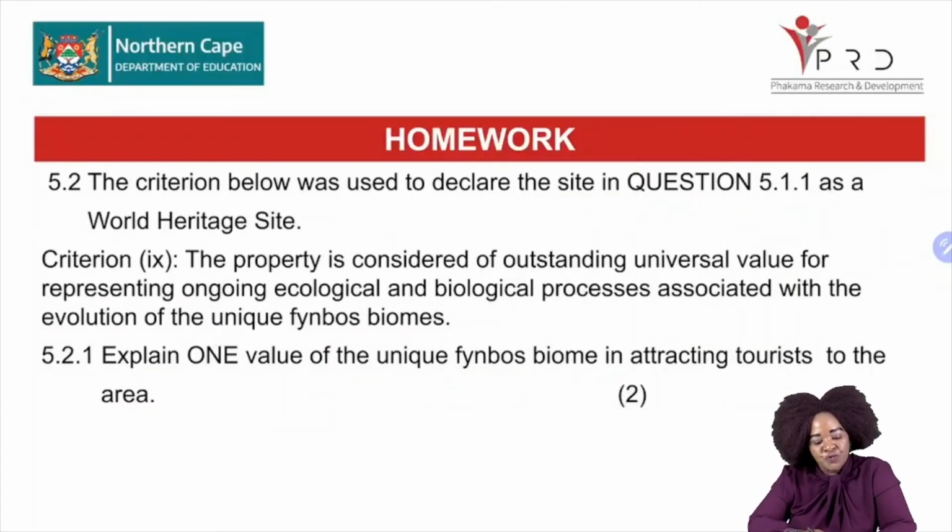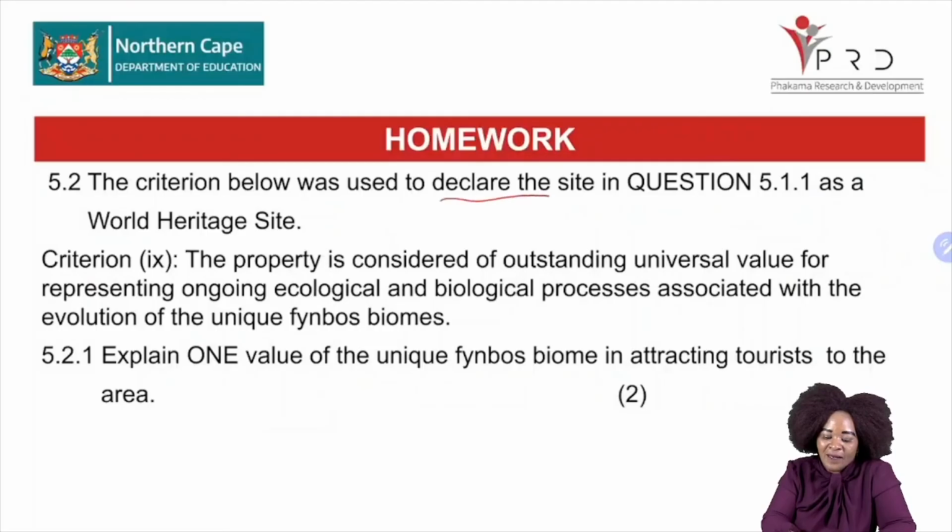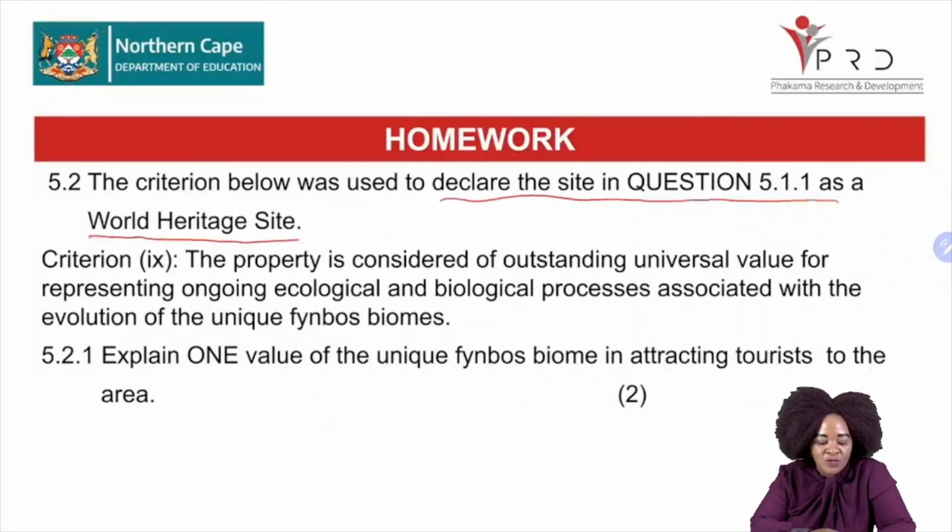In 5.2, it is a continuation of this homework. The criterion below was used to declare the site in question 5.1.1 as a World Heritage Site. So this criterion says the property is considered of outstanding universal value for representing ongoing ecological and biological processes associated with the evolution of the unique fynbos biomes.